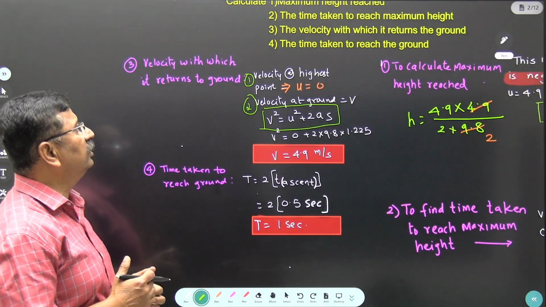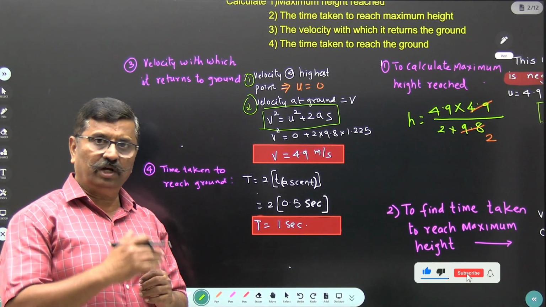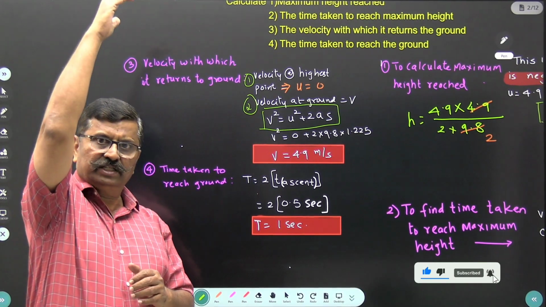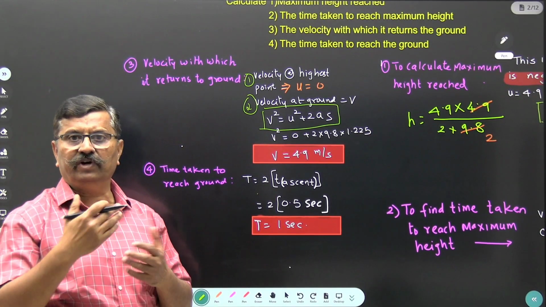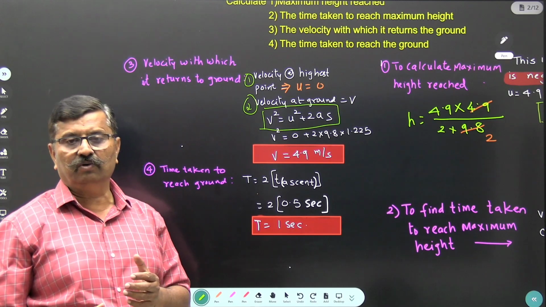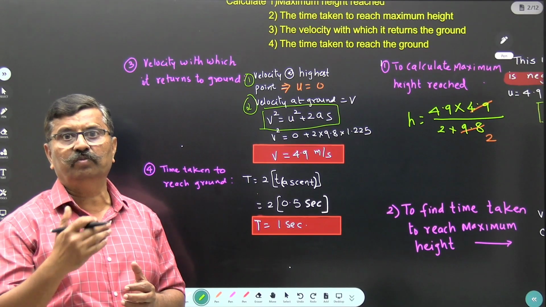Now the fourth question is the time taken to reach the ground. Means the stone is thrown upward, it attains the maximum height, and the time taken to reach the maximum height is the time of ascent. Then it falls down, and the time taken by the stone to reach the ground is the time of descent.